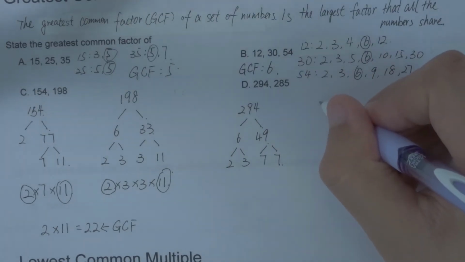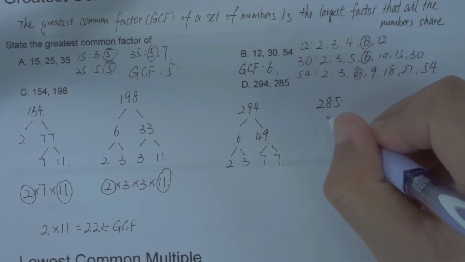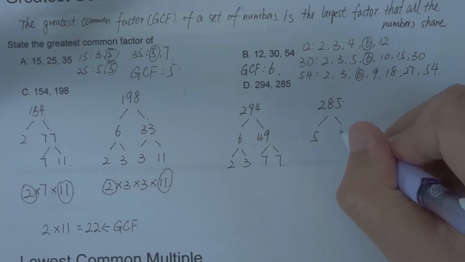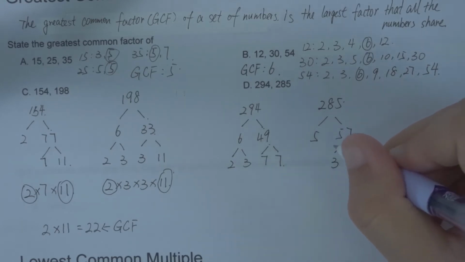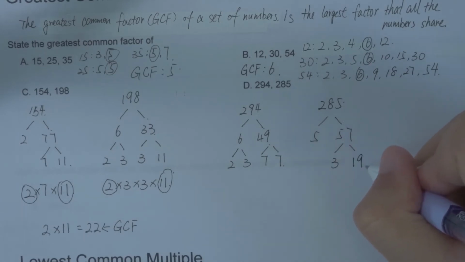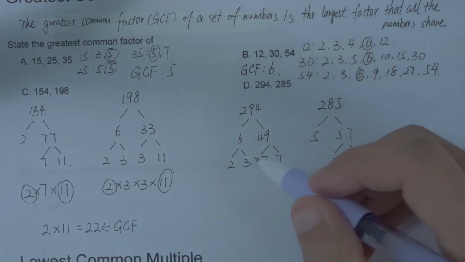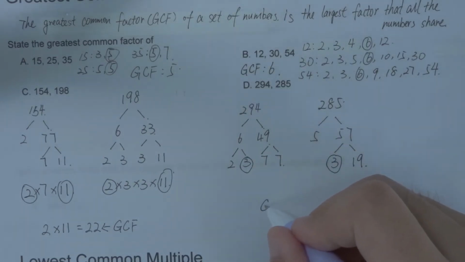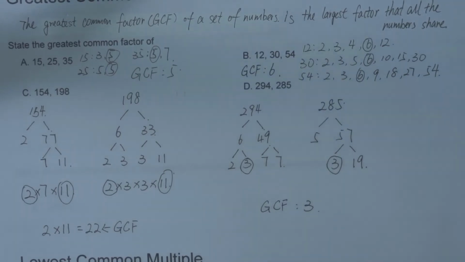And 285 we can break into 5 and 57, and 57 we can break into 3 and 19. In this way we can find the common factor is only 3. So the greatest common factor is 3.